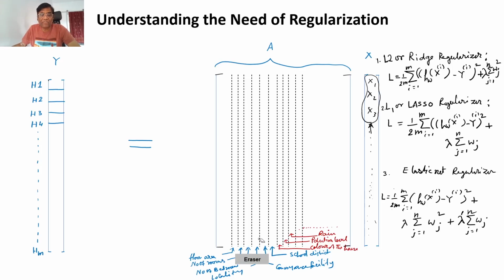Similarly, you can take the example of any medical condition, for example, stroke. So maybe it depends on age, then maybe heredity, your lifestyle, those are important features.